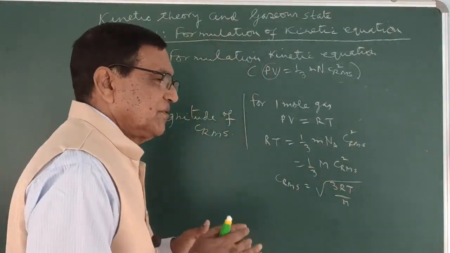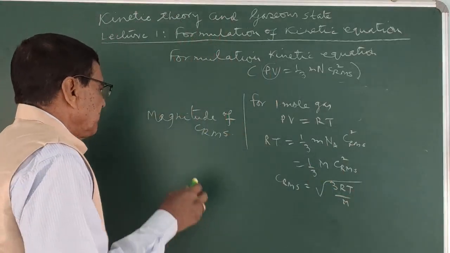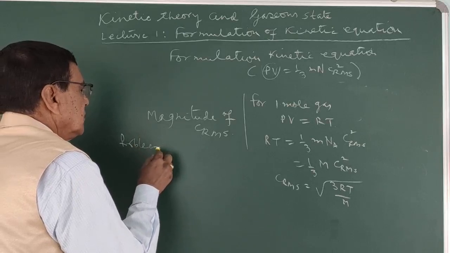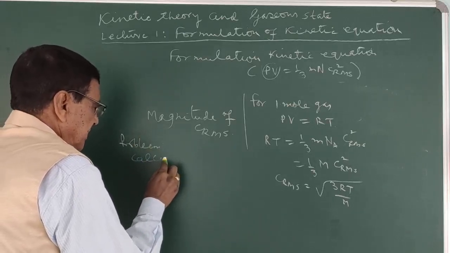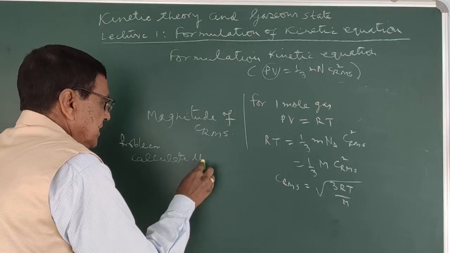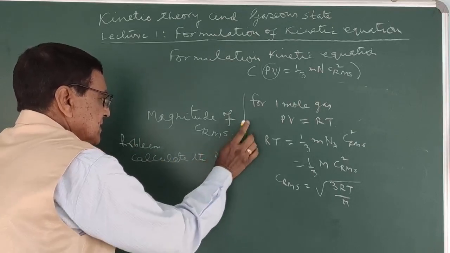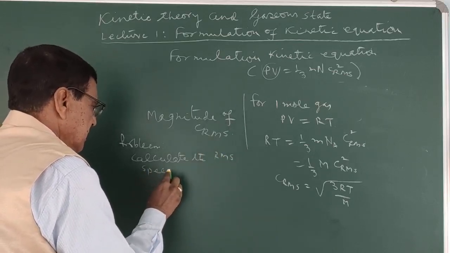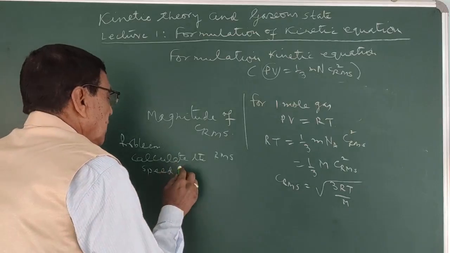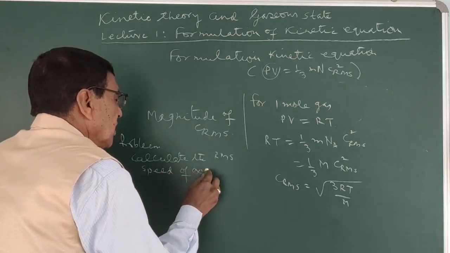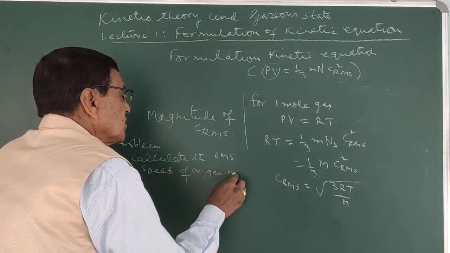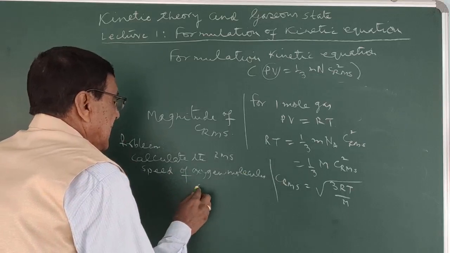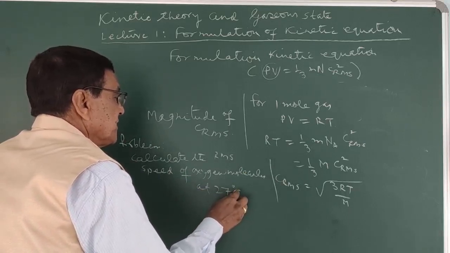We can calculate a simple problem. Calculate the RMS speed of oxygen molecules at 27 degree centigrade.